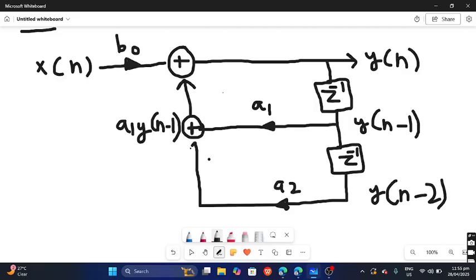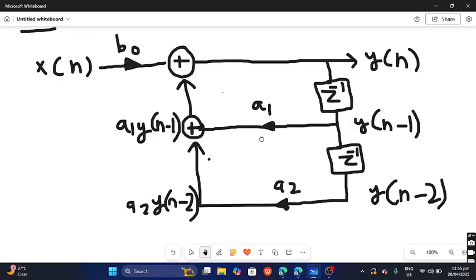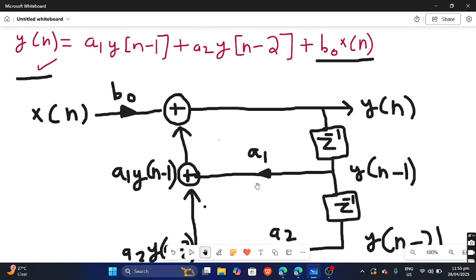Then it is going into that same adder, and it is a2 y of n minus 2. So our structure has been established.